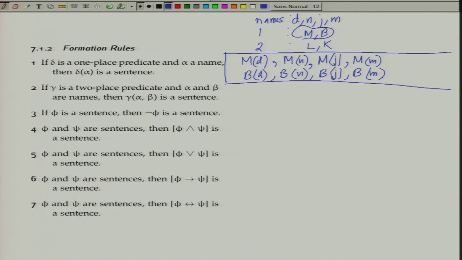So as far as the 1 place predicates are concerned, you cannot make any more sentences, only 8 sentences you can make. Now we go to the second rule, and that says that if gamma is a 2 place predicate and alpha and beta are names, then gamma alpha beta, which is this structure, is a sentence. So now we can take LK or whatever.